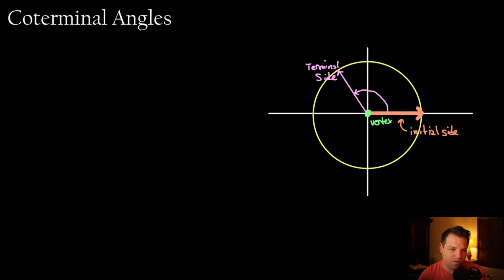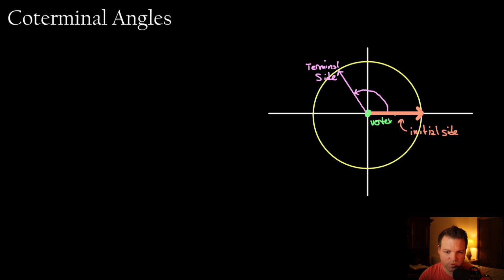Okay, and I guess before I show an example, say I rotate around by this angle, and I end up at this terminal side. Well, what if I rotated around again by a different angle? Actually, let's do it this way.